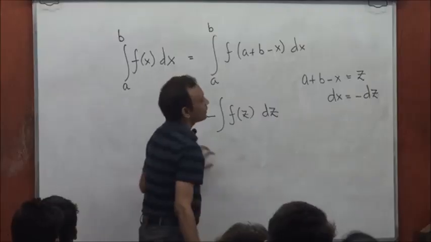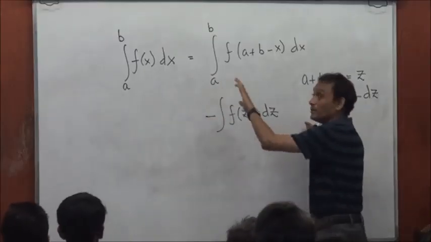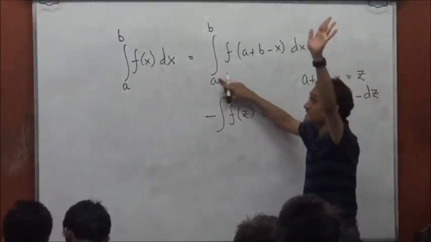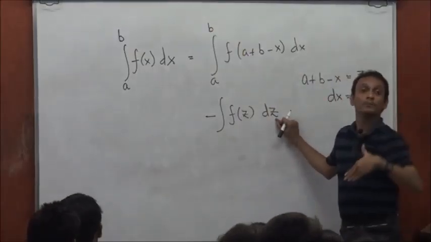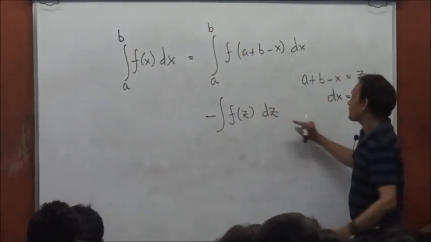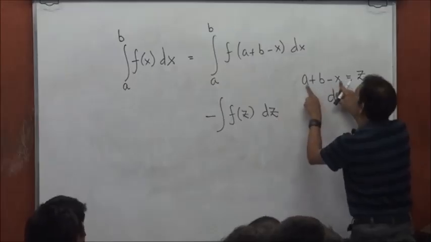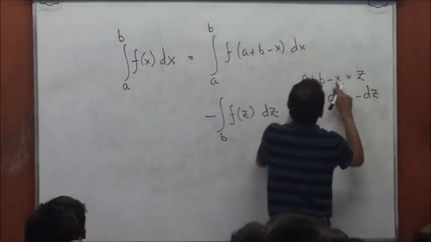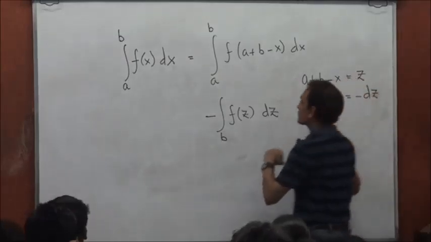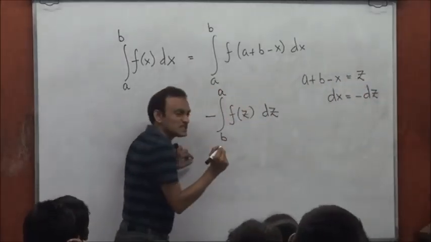Now look at the limits. The limits would have to be in terms of z. When x is a, what is z? When x is b, what is z? The new variable is z. So when x is a, z is b. When x is b, z is a. In the z domain, this is what happens.